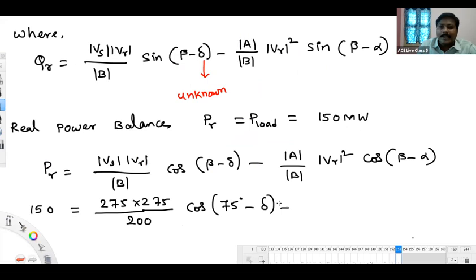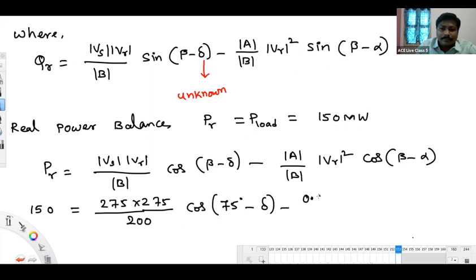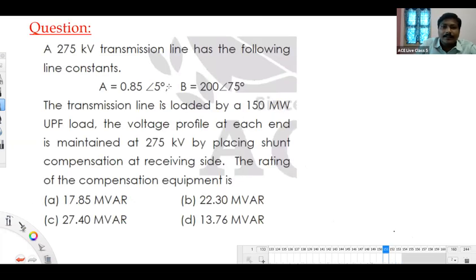Mod A is 0.85 by mod B, which is 200, mod VR square means 275 square, cos of beta 75 degrees minus alpha 5 degrees. Alpha is given in parameter A as 5 degrees.